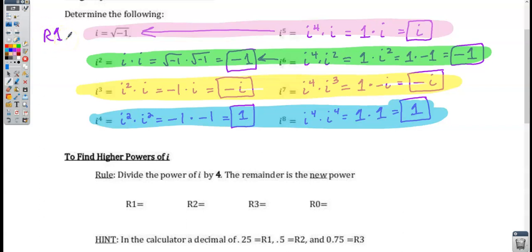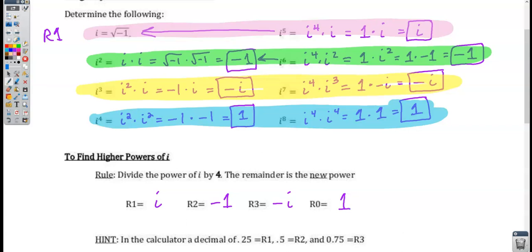So anytime we have a remainder of 1, the result is going to be equal to i. If the remainder is 1, the result's going to be i. If I have a remainder of 2, that's going to be equal to -1. If I have a remainder of 3, that's going to be equal to -i. And if there's no remainder, that's going to be equal to +1.